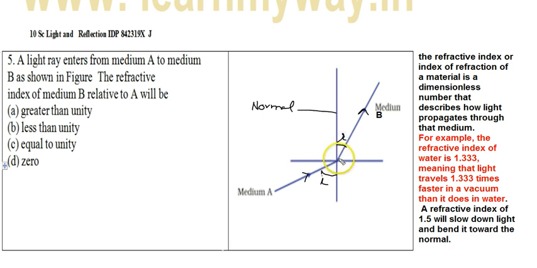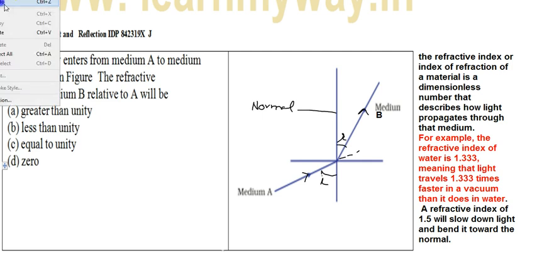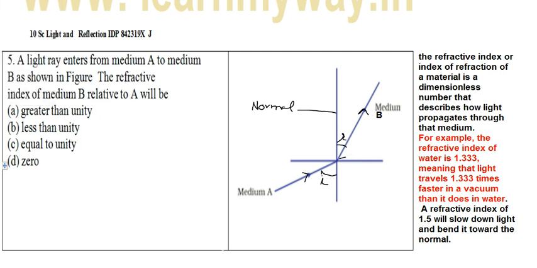As we find, when it moves from this medium to the other medium, it is going to bend towards the normal. This is something very important. When a ray of light bends towards the normal after refraction, it means medium A is rarer and medium B is denser.